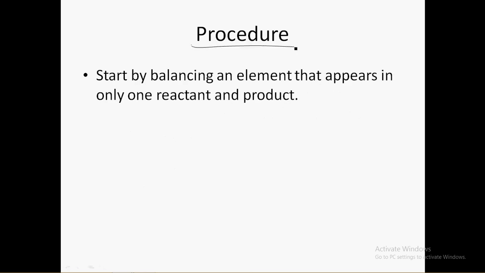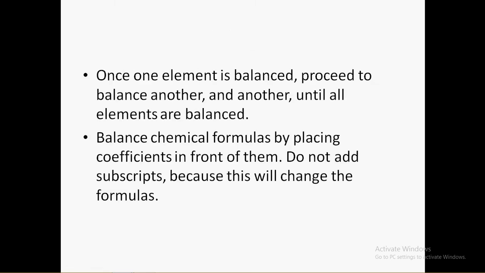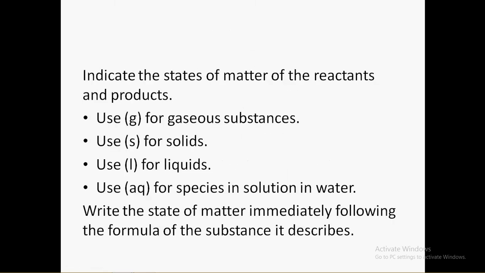How can we balance the chemical equation? The procedure is to start by balancing an element that appears in only one reactant and one product. You can start with one element that lies on the reactants and the products, right?